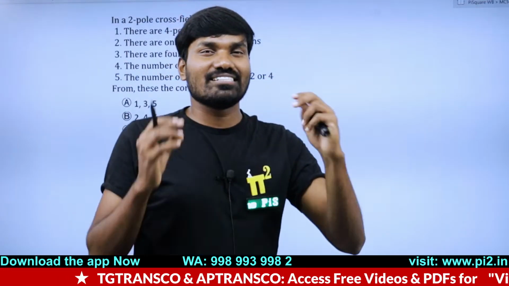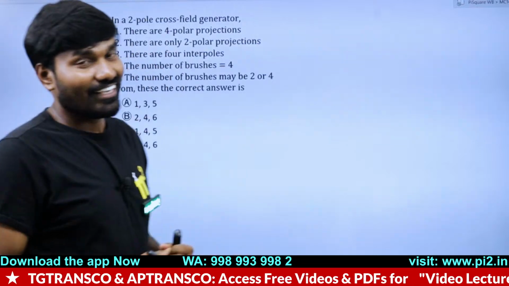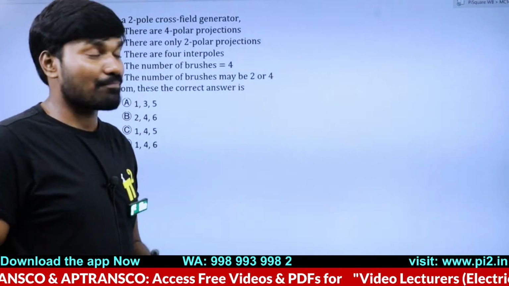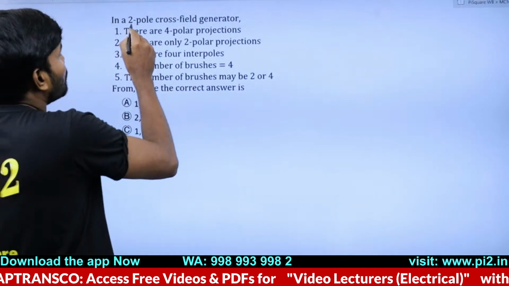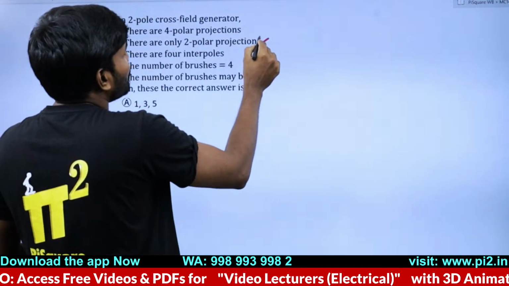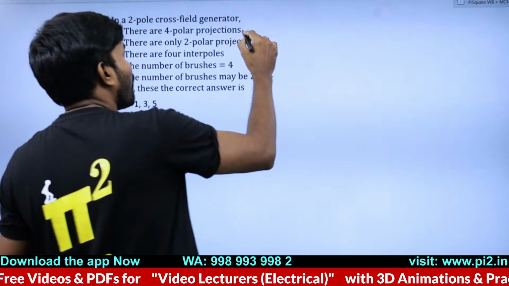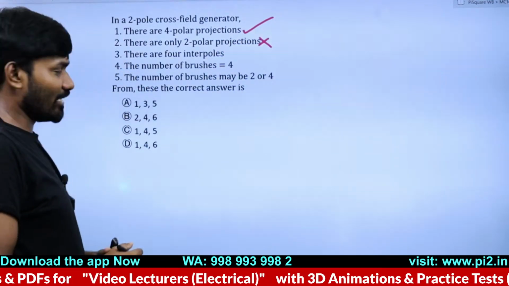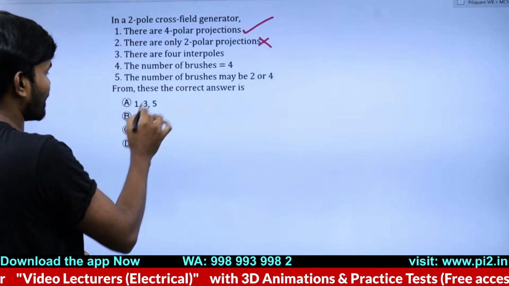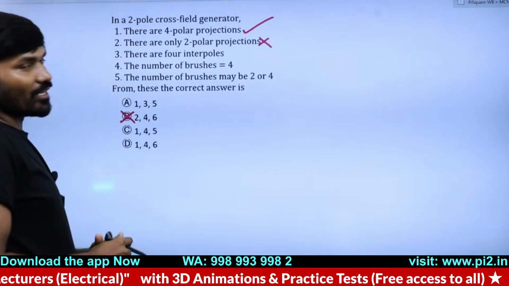If it's a 6-pole machine, 6 pole projections will be there. But in case of a cross field, it is absolutely true. For a 2-pole machine, it's not 2 pole projections, it is 4 pole projections. Absolutely right. So wherever you see option 2, that cannot be the answer.